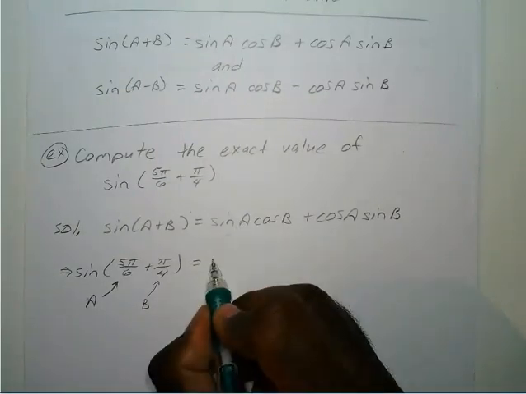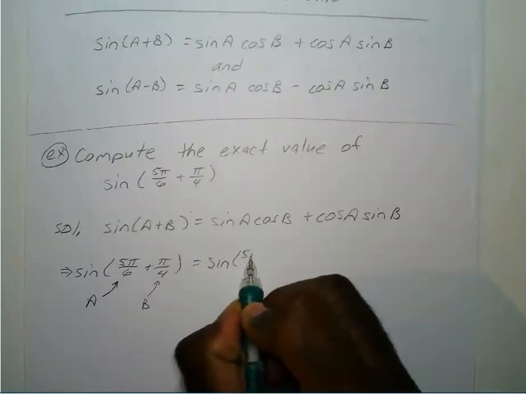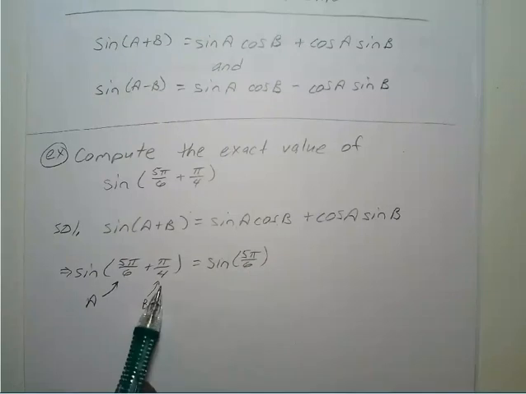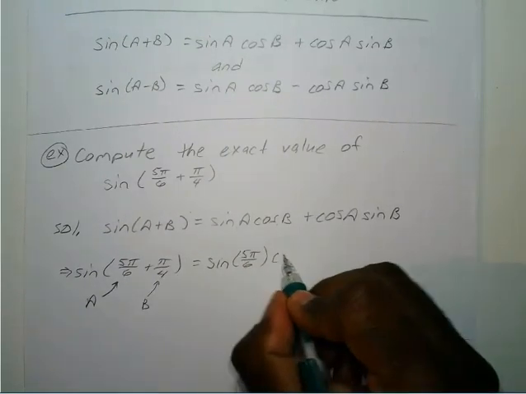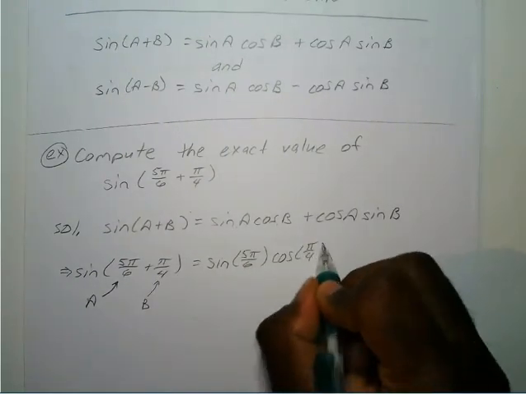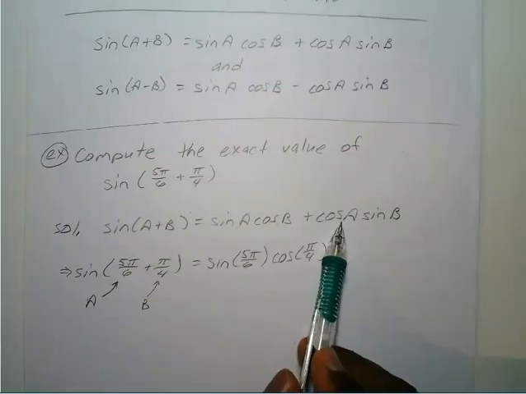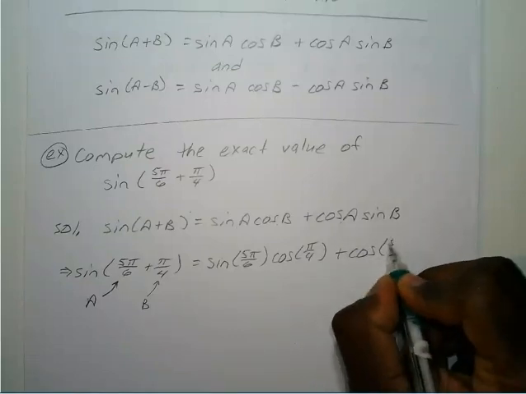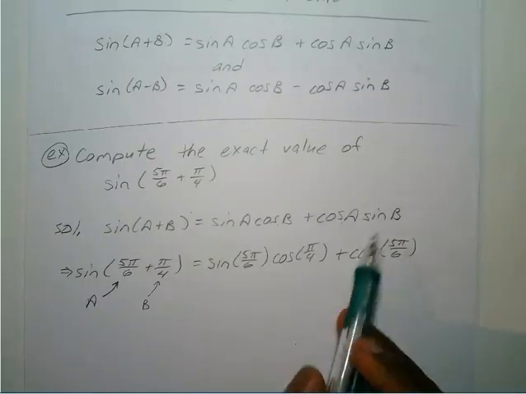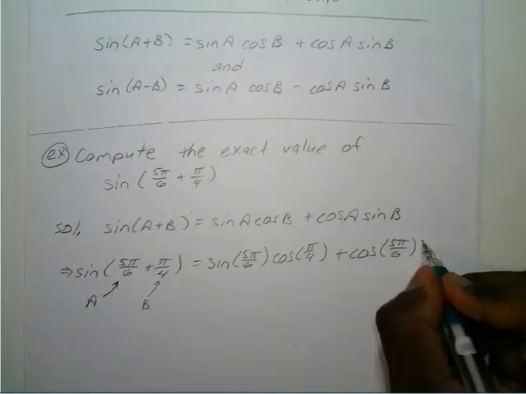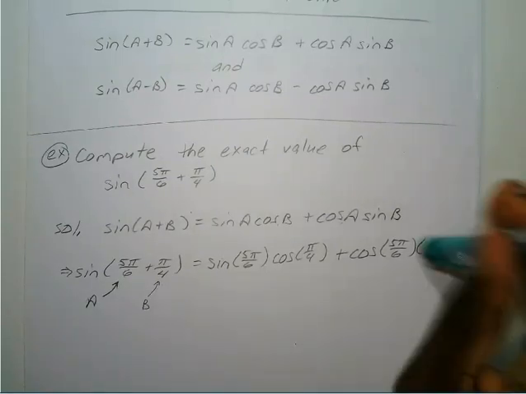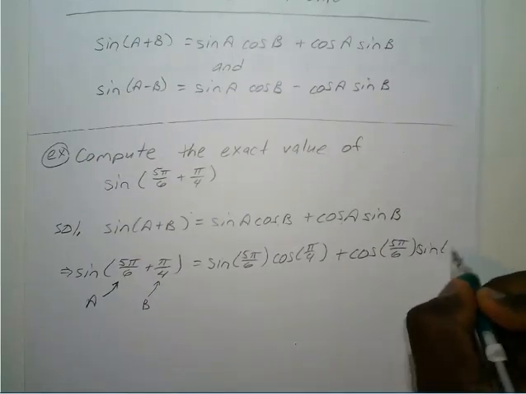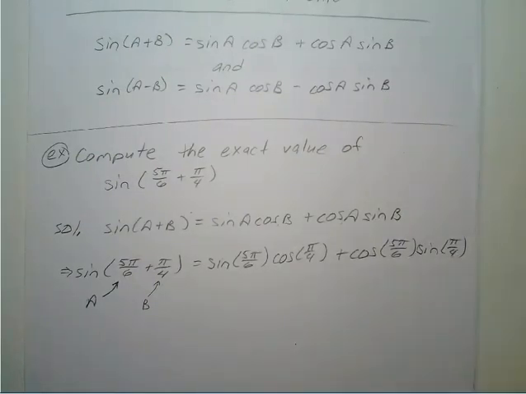So sine of a becomes sine of 5 pi over 6, and cosine of b becomes cosine of pi over 4, plus our cosine of a becomes cosine of 5 pi over 6, and our sine of b becomes sine of pi over 4. Oops, forgot to put my sign there. So times sine pi over 4.